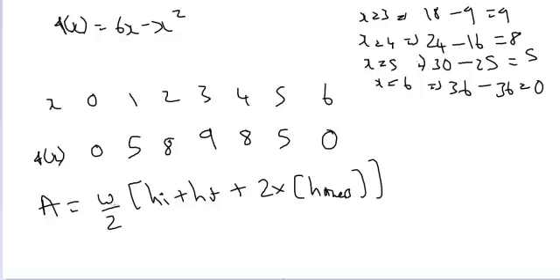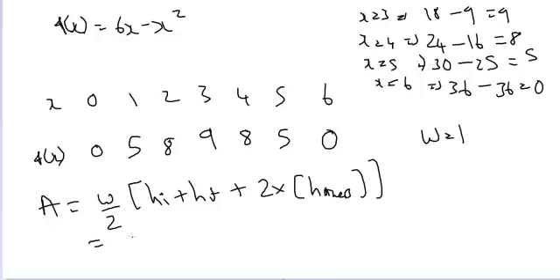So I need to know what the width is. Well, the width is equal to 1 here, because we evaluate the function at 0, 1, 2, 3, and so on. So width is equal to 1.